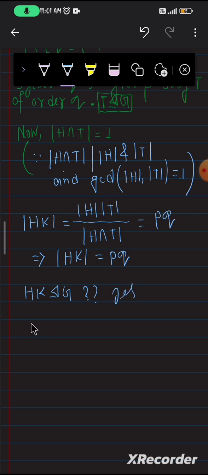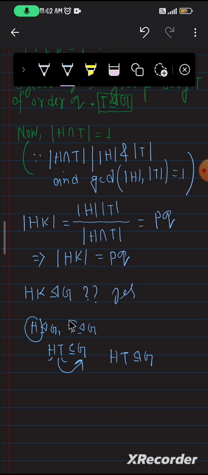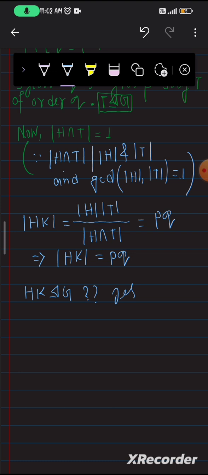Because we proved H is a normal subgroup of G and also T is normal in G. Then we know a result that if one of them, H or T, is normal in G, then the subgroup HT is a normal subgroup of G. And we see here that H is normal in G and also T is normal in G. So HT is normal in G. So basically we use various kinds of results here.